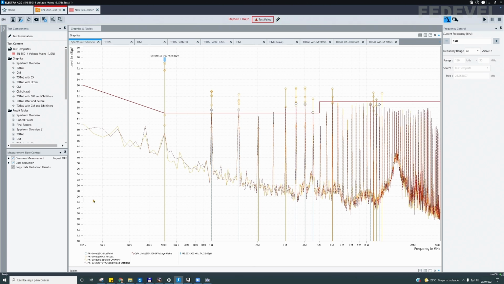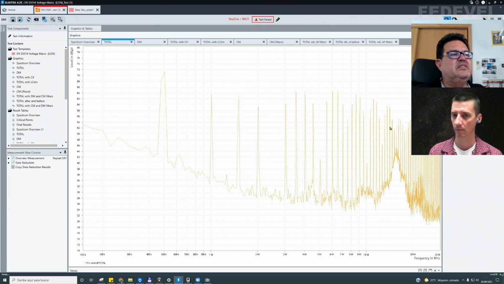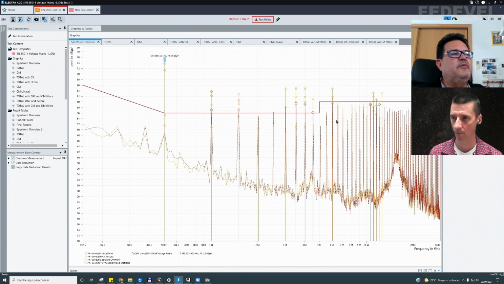Remember here, the horizontal axis is logarithmic. So this is the original spectrum where you can see how my emissions are over the limits compared with this specific limit. If we remove the limit, we get this picture. It's exactly the same picture, but without the limits.